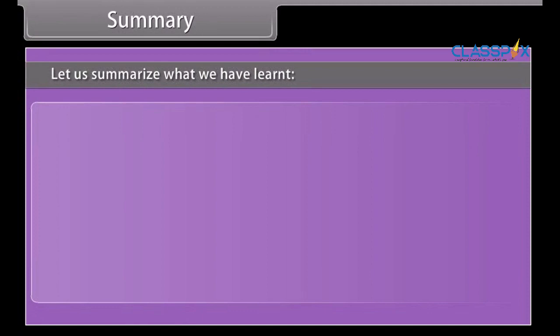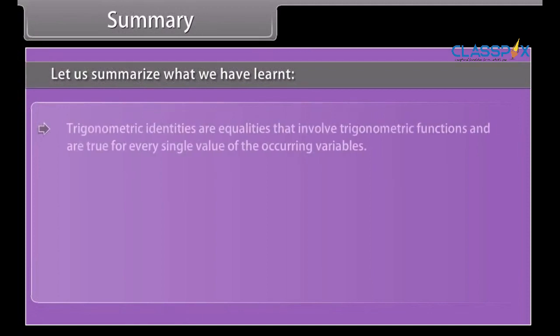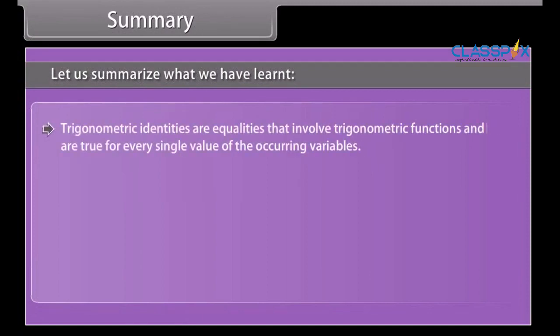Summary. Let us summarize what we have learned. Trigonometric identities are equalities that involve trigonometric functions and are true for every single value of the occurring variables. Sin square A plus cos square A is equal to 1.